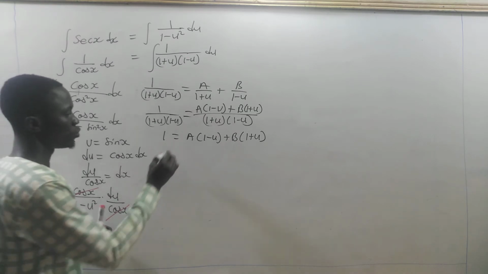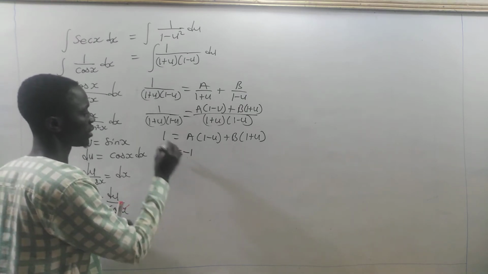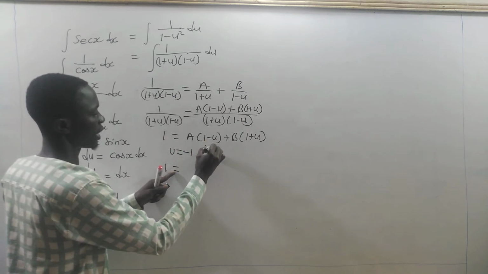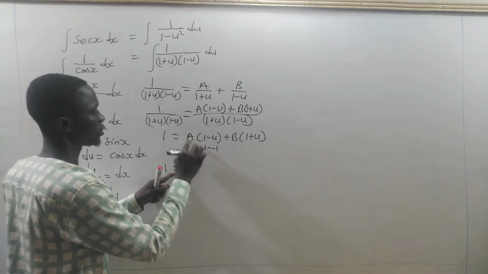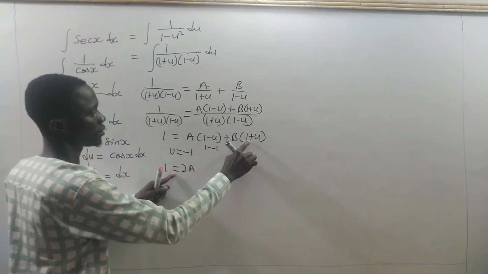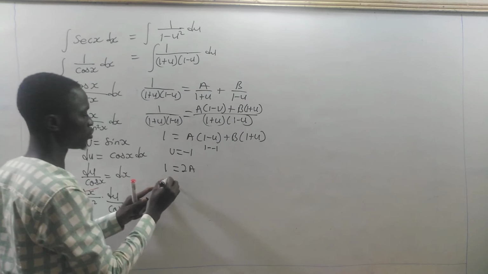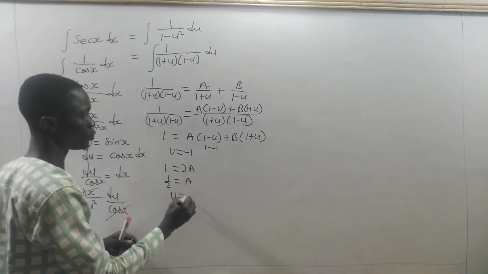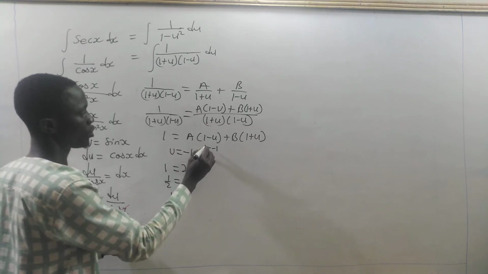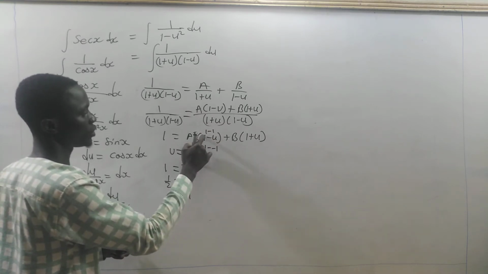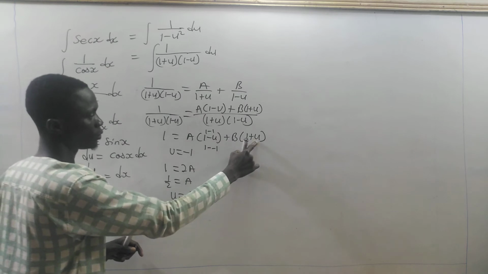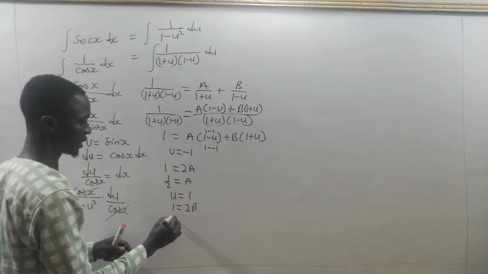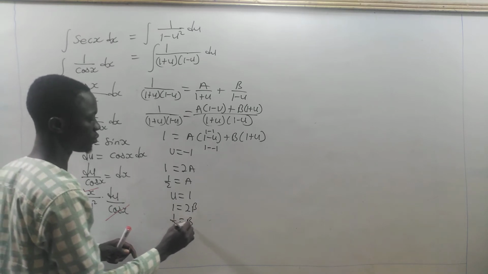If we choose u equal to -1, you have 1 equal to 1 minus (-1), that will give us 2 times A. 1 plus u will be 0, so B will be 0, so we have 1 over 2 equal to A. If we choose u equal to +1, 1 minus 1 is 0, so A will be 0. 1 plus 1 will be 2. So we have 1 equal to 2B, and 1 over 2 is equal to B.